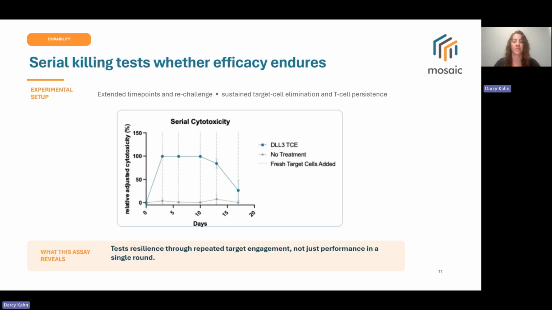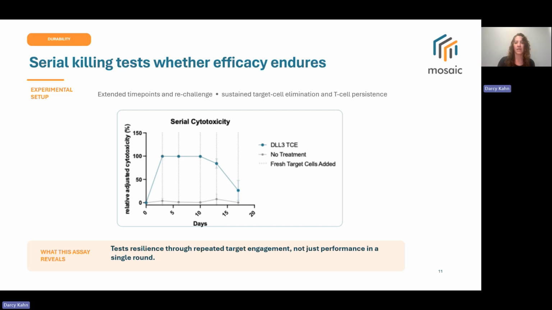The next assay to consider is looking at longevity and serial killing. So everything that I've shown up to now has largely been acute readouts. So this is where we ask, does the molecule hold up over time and repeated engagement, or does function start to drop off?